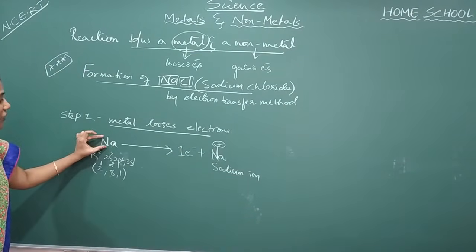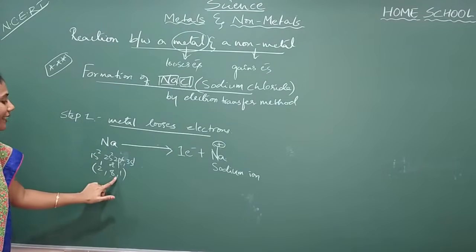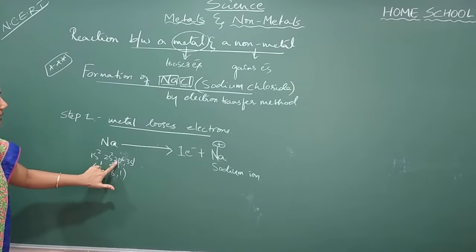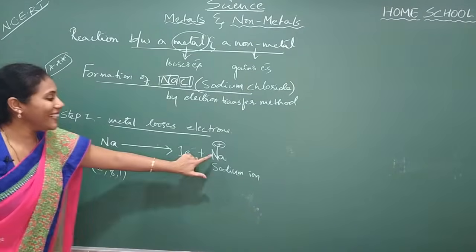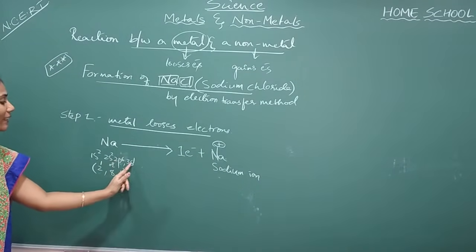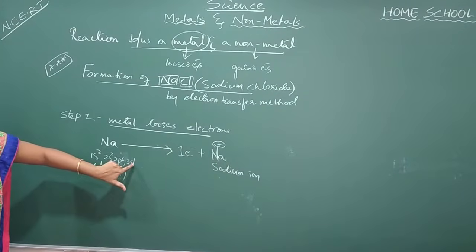Na's electronic configuration is how much? 2, 8, 1 or 1s2, 2s2, 2p6, 3s1. But Na plus electronic configuration is how much? Remove one electron from here. Which electron will you remove? Only the last shell electron.